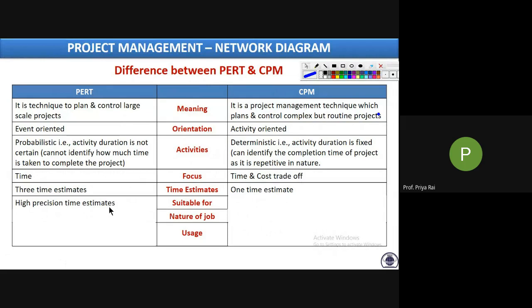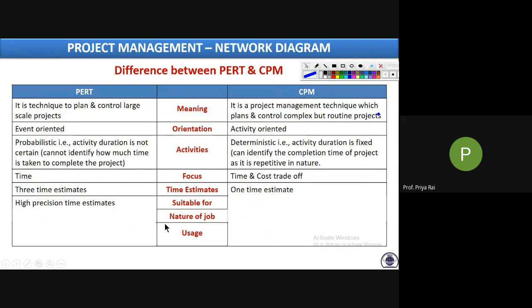Launching of a rocket is also a network diagram, that means one activity will be completed, then another will start, and after that we go for the next activity. It is very high precision. Every single time is very important in launching that rocket. If any error happens, then the whole project will be a failure, and that loss will be huge.